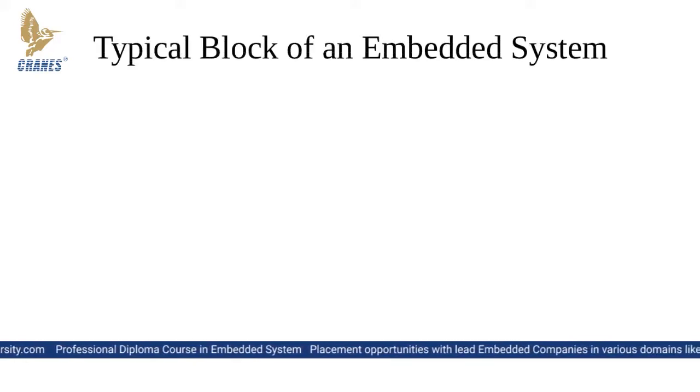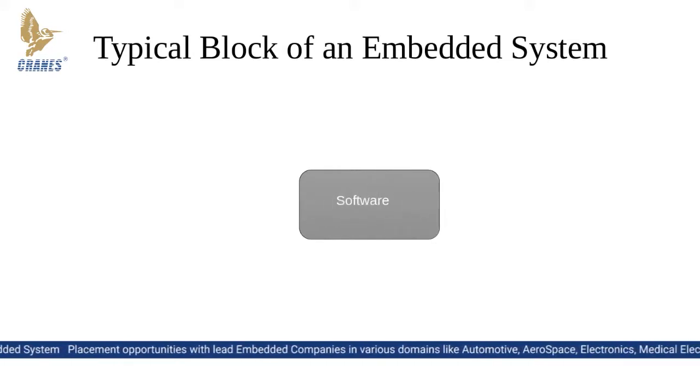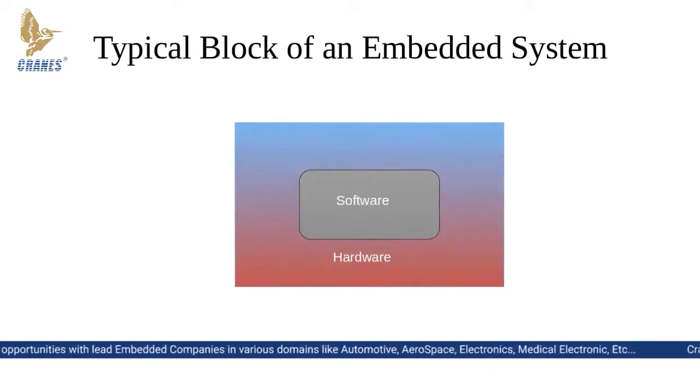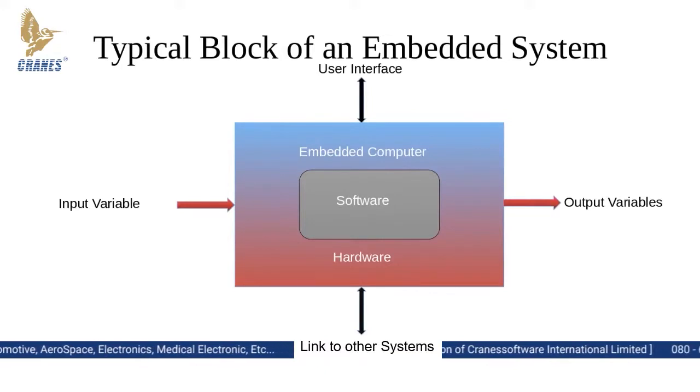Let's look at the typical block of an embedded system. An embedded system has the software part and the hardware, the combination of the two, which leads to the embedded computer. Usually an embedded system has three components: the hardware, application software, and the real-time operating system that supervises the application software and provides mechanisms to let the processor run a process as per the schedule by following a plan to control the latencies.